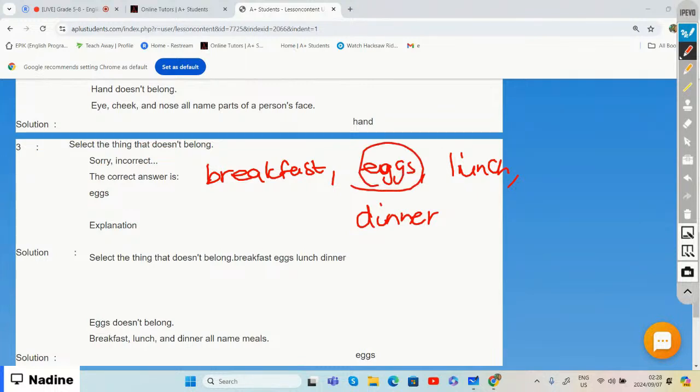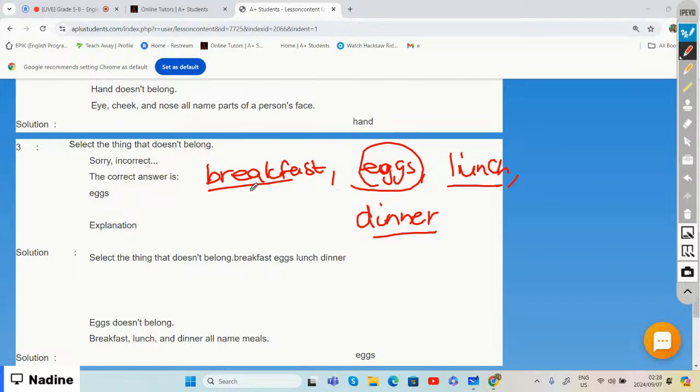If we had to look at different breakfast choices, we could have said eggs is a breakfast choice, right? It's related to breakfast. But in this case, breakfast, lunch, and dinner, supper, those are words that name your different meals of the day. So it names the meals for the day.